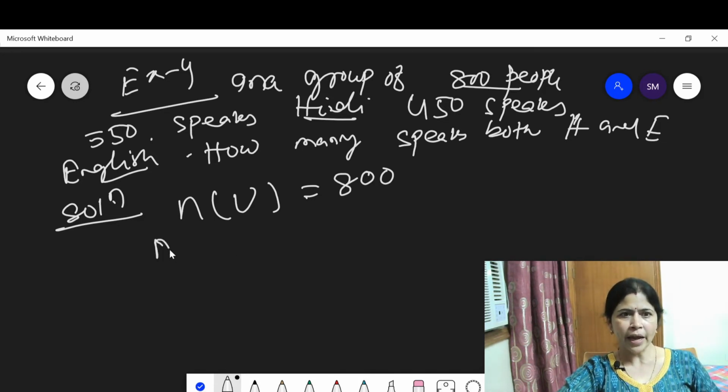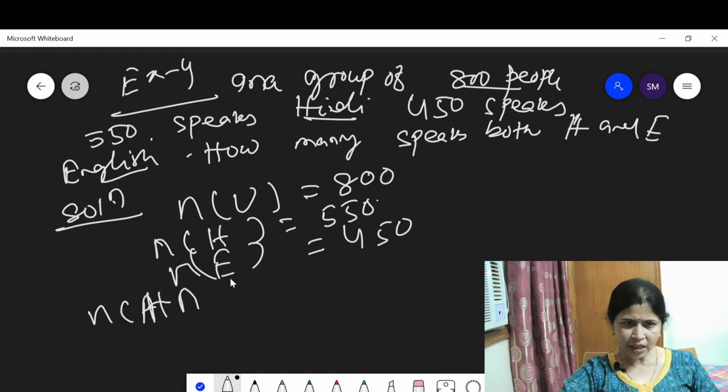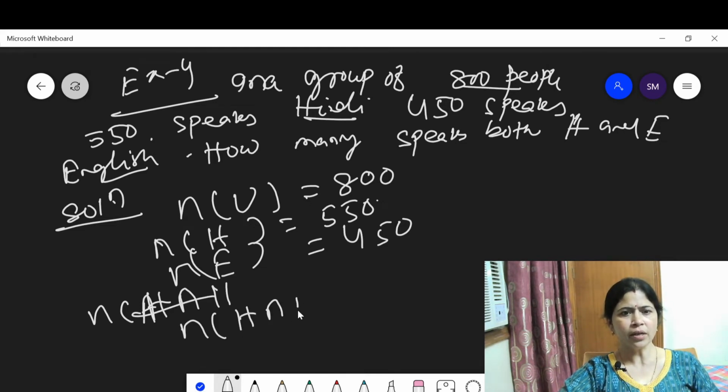Here n of H, the number of people who speak Hindi, is 550. The number of people who speak English, n of E, is 450. Then we have to find how many people speak both, this means n of H intersection E.